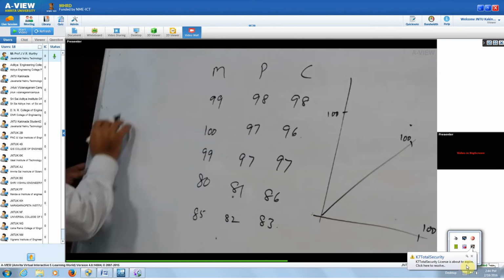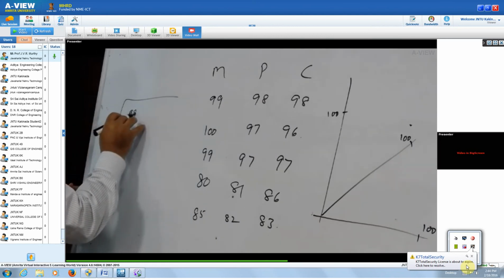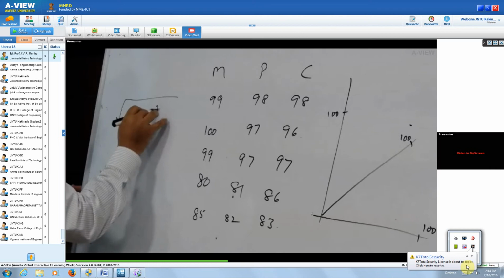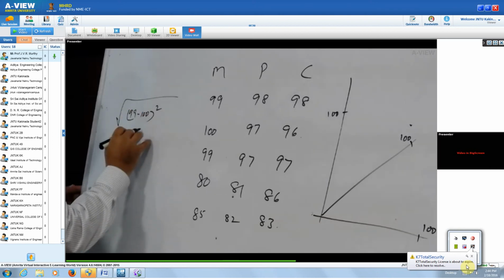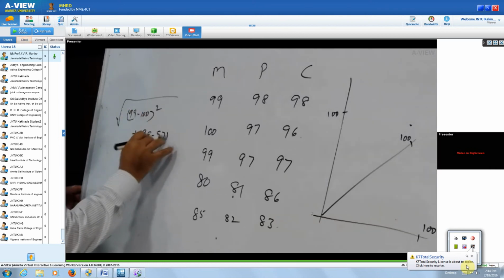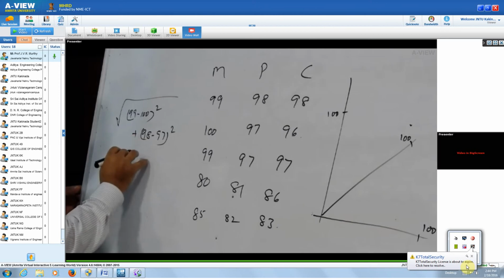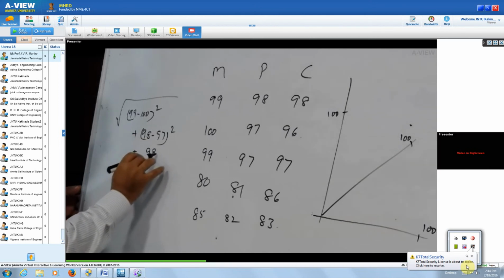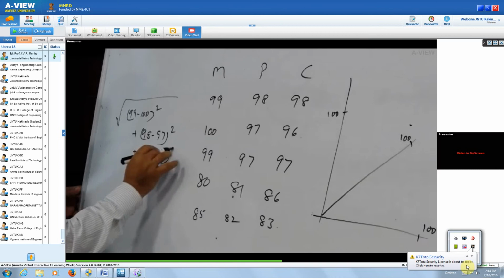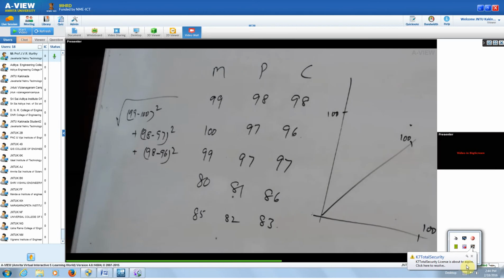It is the square root of 99 minus 100 square plus 98 minus 97 square plus 98 minus 96 square, right? So this is 1 plus 1 plus 4. This is root 6.